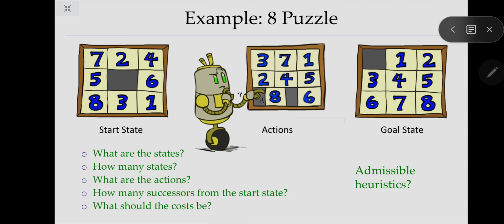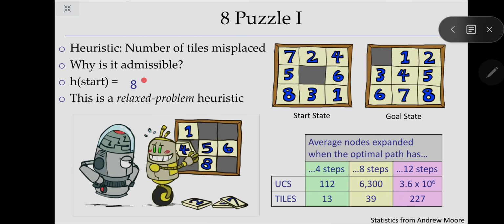If you use such a heuristic, for example, for this starting state, you can enumerate the mislocated tiles. They are 8. This means all of the tiles are located wrongly.